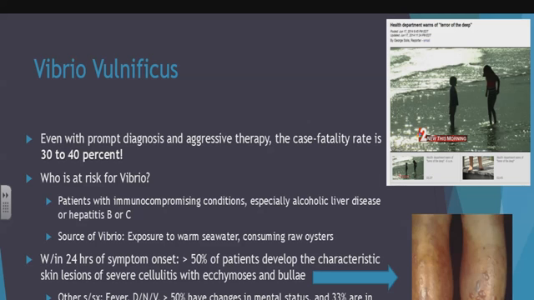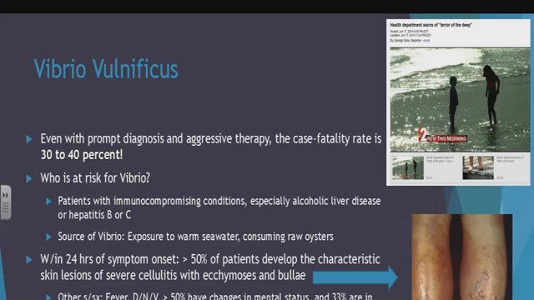And so I stress this just because you will see this if you are practicing on the Gulf Coast of Florida or anywhere on the Gulf, even if you're practicing in Houston, because Vibrio vulnificus is actually just in the water. It grows in salt water. And so you can see this just from a minor scratch walking out there on the beach. So this is something that I want you guys to be aware of as a potential life-threatening infection.